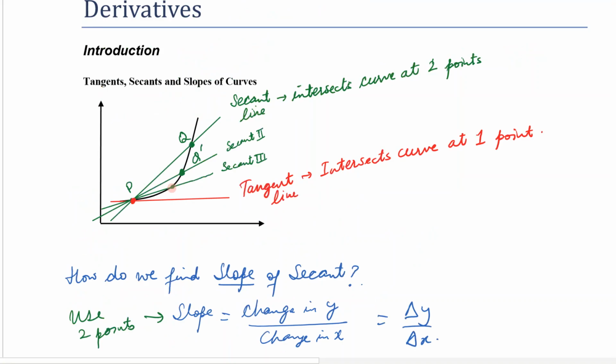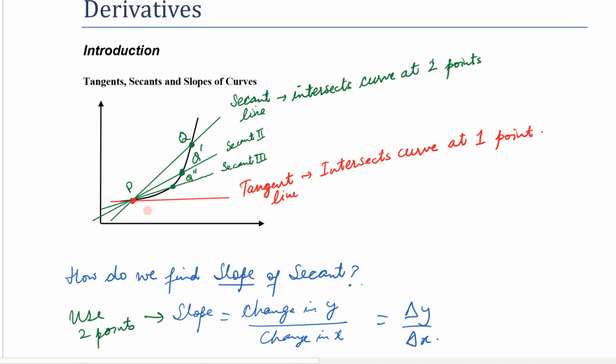Let's say the point of intersection here is Q double dash. So we see that as Q is moving closer and closer to P, the slope of the secant line is going to approximate the slope of the tangent line. It means as Q approaches P, the slope of the secant approaches the slope of the tangent.